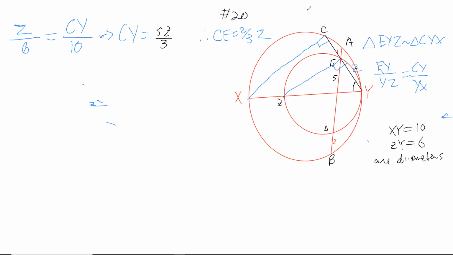And then we can use the power of a point for chords CY and AB since they both intersect at E. So CE times EY equals AE times EB.